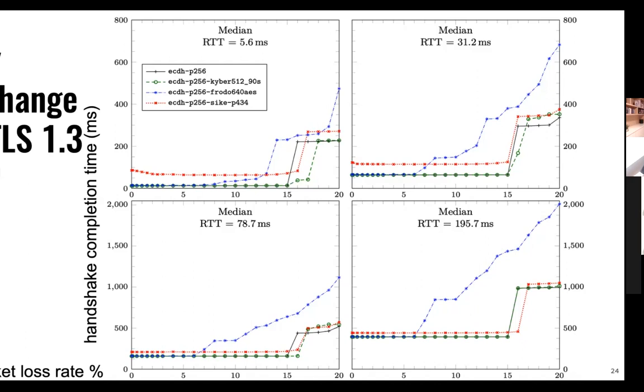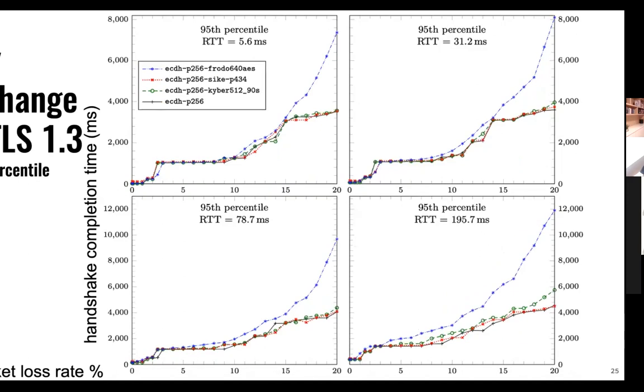So that's kind of the base story here. This is for the median connection, so the 50th percentile user experience. If you look at the 95th percentile user experience, we see a bit of a different story. We see that the algorithms remain much closer for much of the increase in packet loss rate, although Frodo does still spike dramatically for a significant fraction of users.